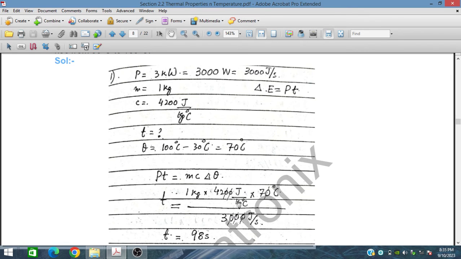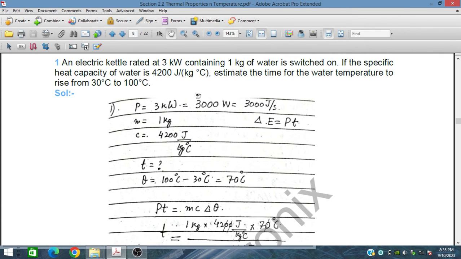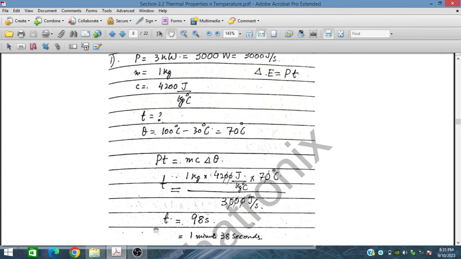The joules will cancel, the kilogram will cancel, the Celsius will cancel, and we will get 98 seconds. So it will take 98 seconds.